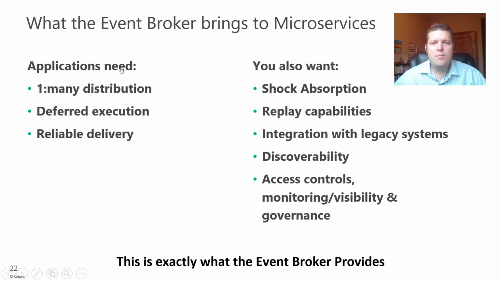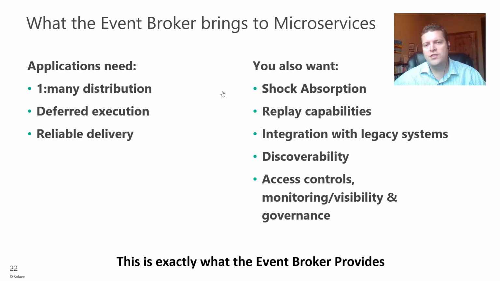The event broker provides a lot of things that you really need for microservices. Going back to the previous video, we said applications need one-to-many data distribution. They need the deferred execution pattern from a user experience perspective, and they need reliable delivery because a lot of microservices require eventual consistency. And you're only going to achieve eventual consistency if you have reliable delivery.